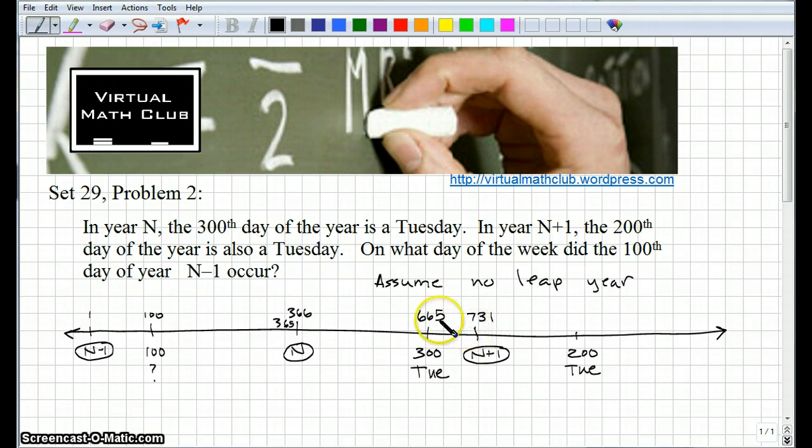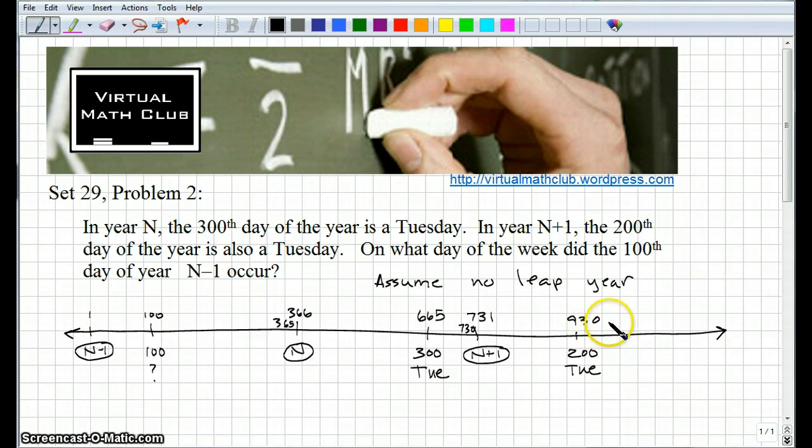The way I got that is I know that the last day of year n is 2 years out from the first day of year n minus 1, and I know there's 365 days a year, so this has to be 730. December 31st of year n is 730 when we measure it with respect to the first day of year n minus 1. So the first day of year n plus 1 has to be 731. And then day 200 of year n plus 1 would have to be 930, assuming no leap year.